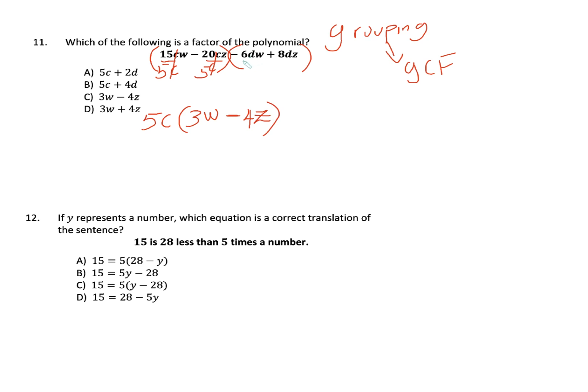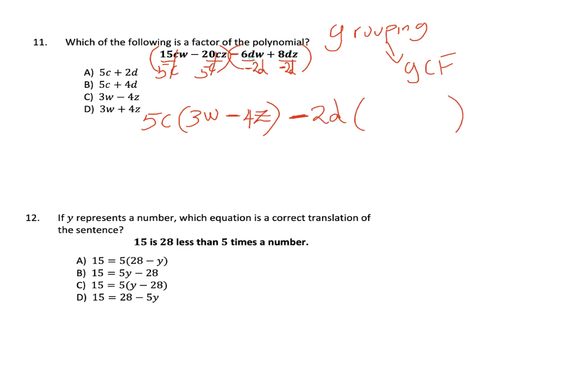Okay, over here, now notice that the leading term has a negative. When your leading term has a negative, we need to factor that out. So we're going to take the negative with us. 6 and 8 is divisible by 2, and they both had D in common. So we're factoring out negative 2D.